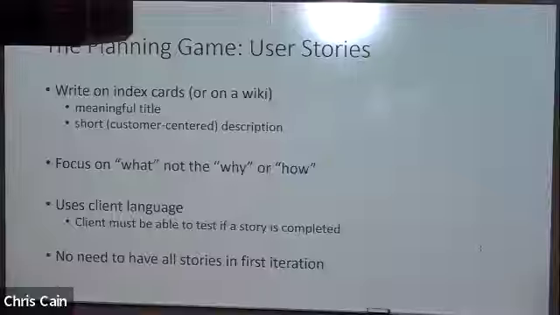The idea behind this is it is a feature in client language that your project needs to include. That means that there is nothing technical about it whatsoever. So a meaningful title, what that feature is, a customer-centered description of what it does and why it's useful to the client. And we'll talk about exactly the 3 lines they contain.